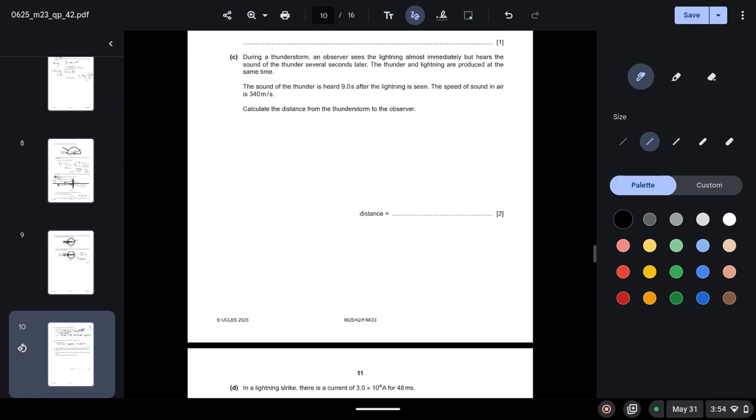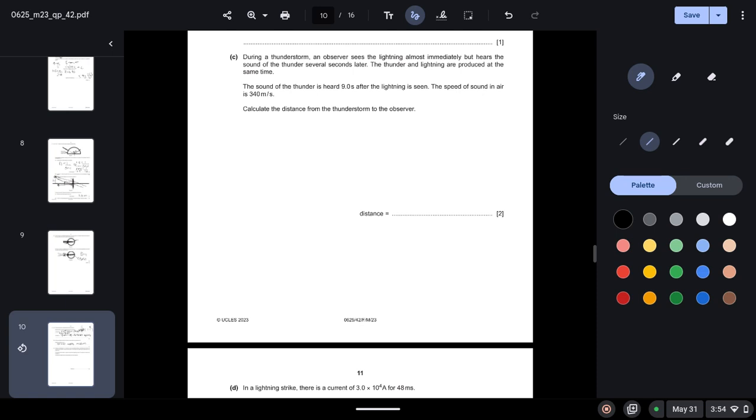During a thunderstorm, an observer sees the lightning almost immediately but hears the sound of the thunder several seconds later. The thunder and lightning are produced at the same time. The sound of the thunder is heard 9 seconds after the lightning is seen. The speed of sound in air is 340 meters per second. Calculate the distance from the thunderstorm to the observer.